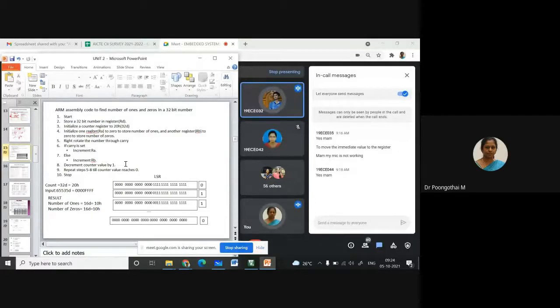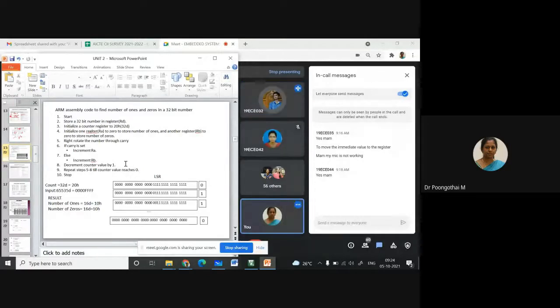So which conditional attribute should you use for this? CS, ma'am. CS. Okay, very good. Carry set. And if carry is clear, we add to another register that stores 0. Then we decrement the counter R1 from 32.